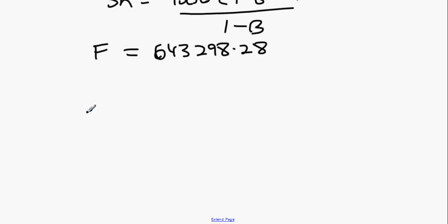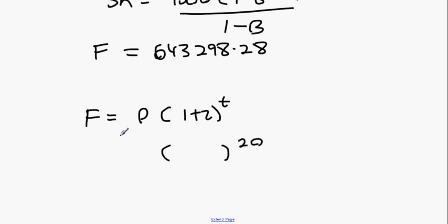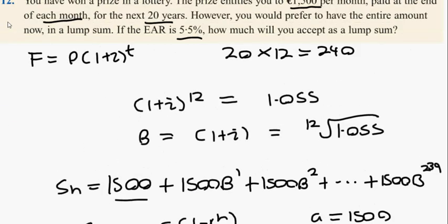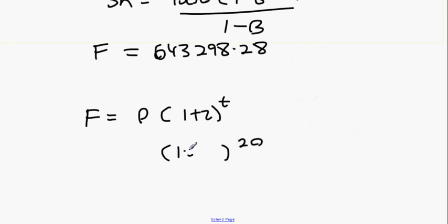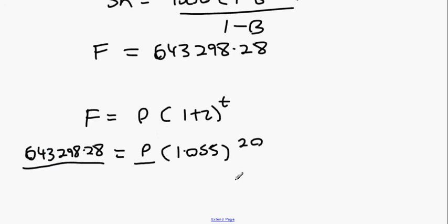But if we want to accept it as one lump sum today, like a P value, we've got to do it in terms of yearlies, okay? Now the yearly value is going to be 20. Our yearly interest rate is 1.055. Our future value in 20 years' time is this amount here. And then we have to find out our P amount. What amount will I accept today that will accumulate into this value here?